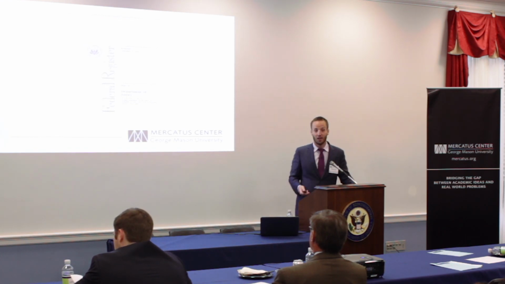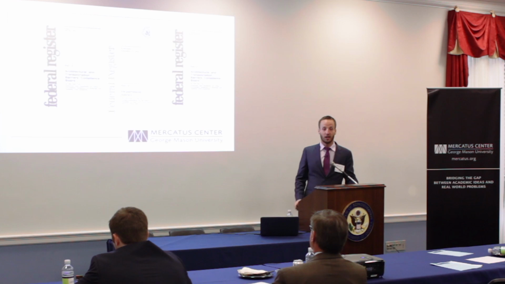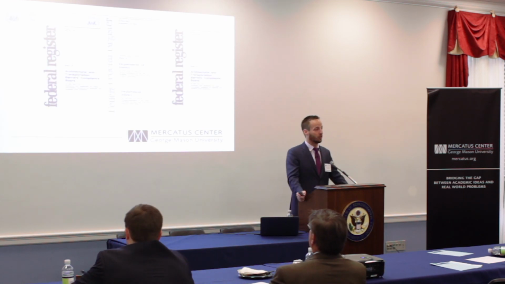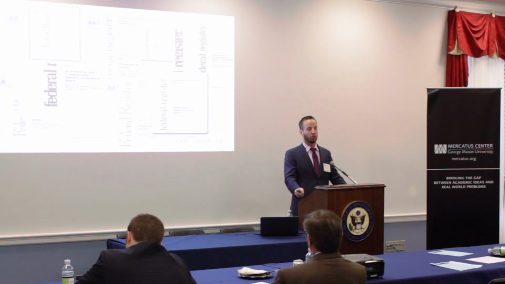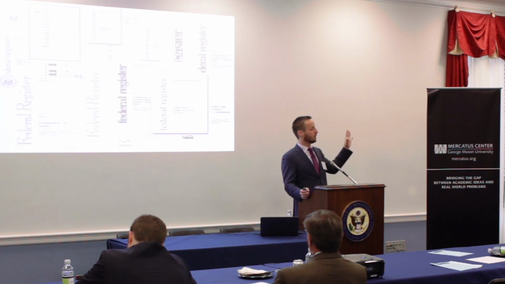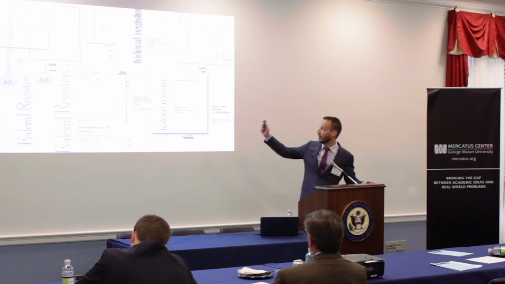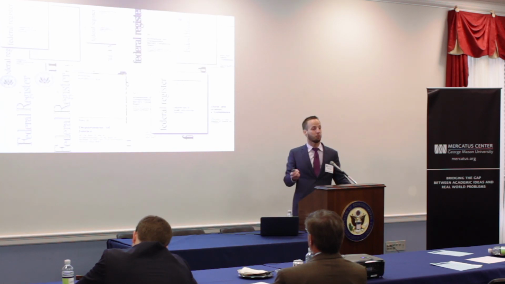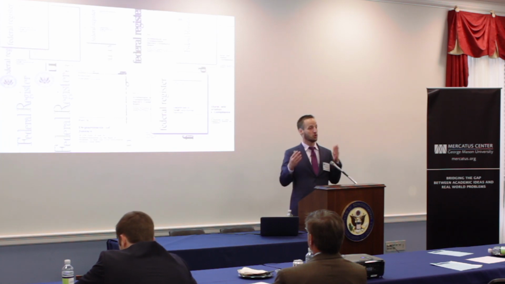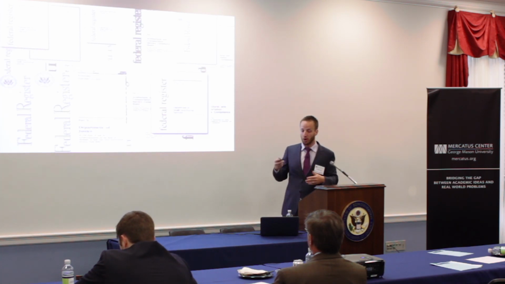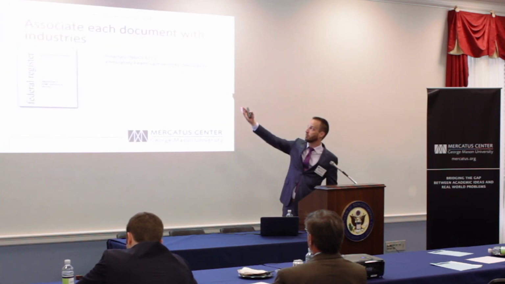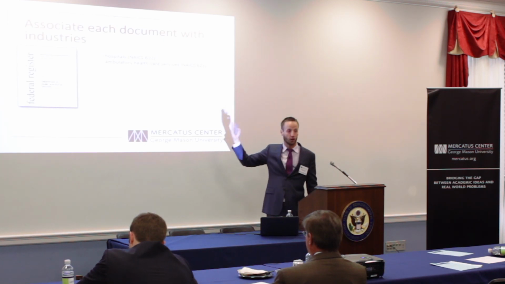It's very handy. So we can go through the Federal Register, gather thousands and thousands of these notices and proposed rules, final rules, and look for the industry codes, industry names, the exact names of those documents. And then once we have that, we've got at our disposal what's called a set of training documents. We can use all of these documents that we know, for example, that are about hospitals or about ambulatory healthcare services.